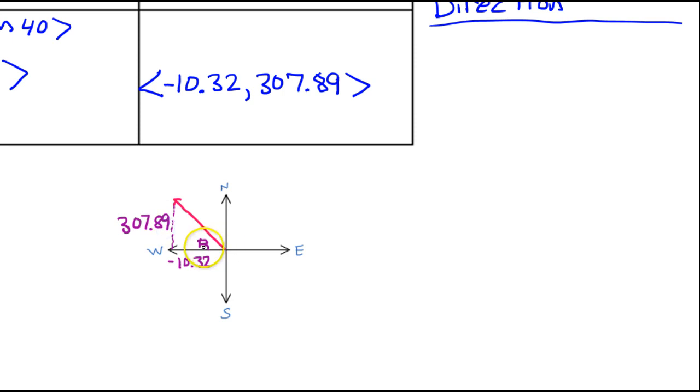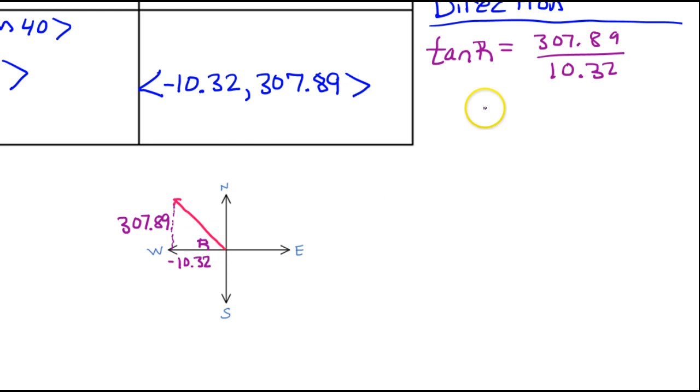Now I can find the measure of angle R using tangent, because the tangent of angle R should equal 307.89 over 10.32. I'm ignoring the negative sign because I just want the positive value of the reference angle.